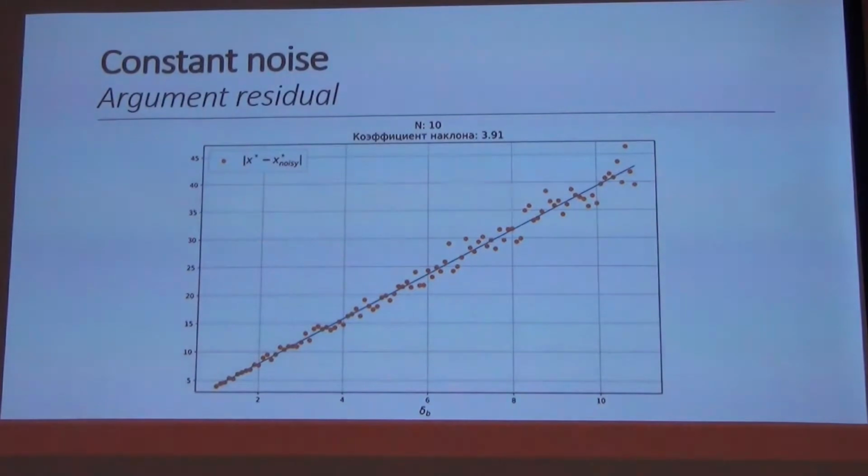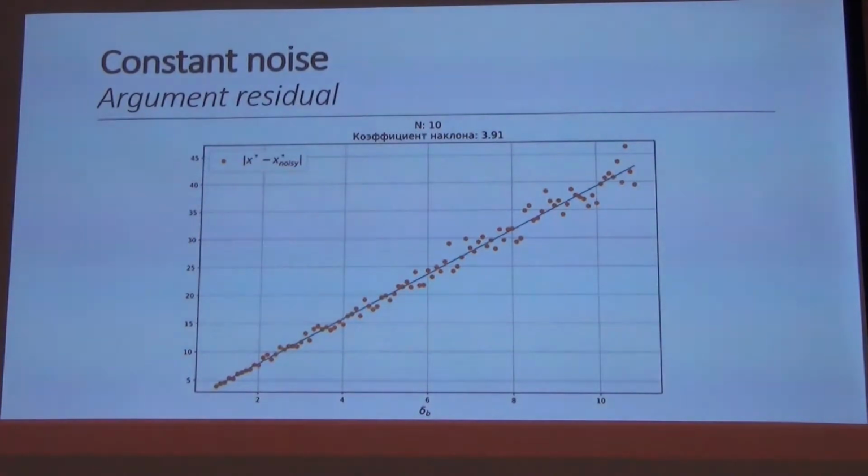So here we can see the results. The yellow points are the argument residual, so it depends on the size of delta. Here I consider big delta from 1 to 10, and you can see the dependency is linear.